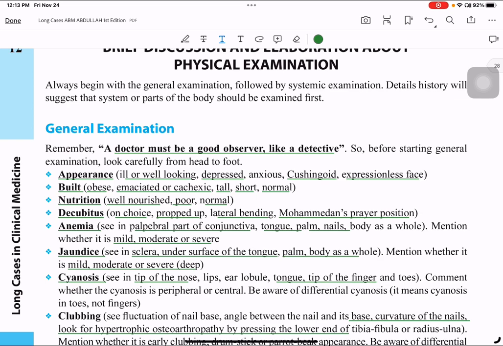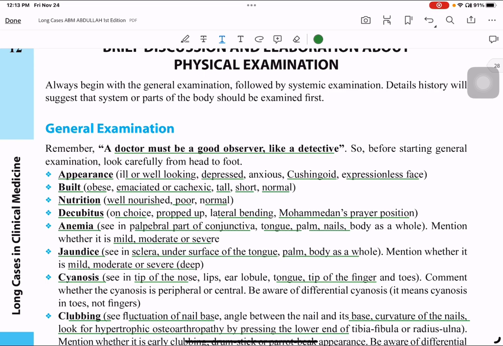So cyanosis must be looked for, because rapid resuscitation of hypoxia by oxygen is very important here. We must look for clubbing. Clubbing is evident by the fluctuation test of the nail base, and the angle between nail and nail base and curvature of the nail.